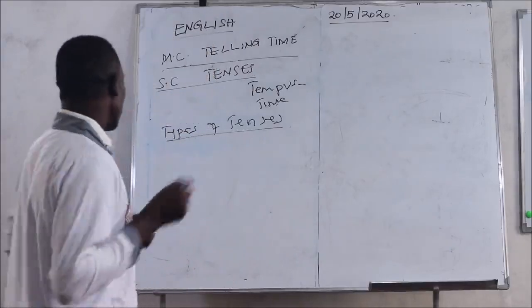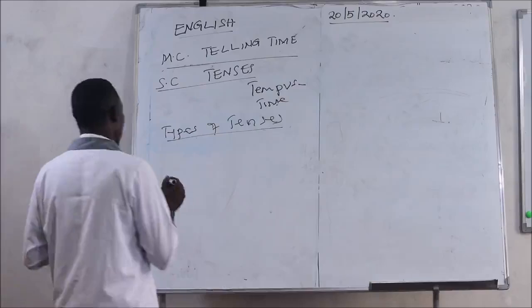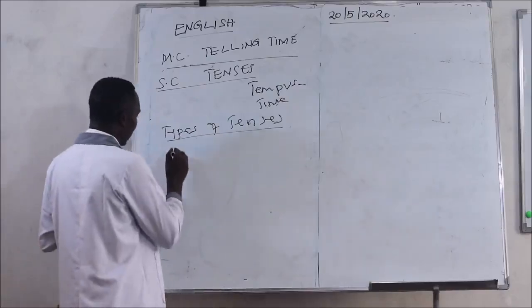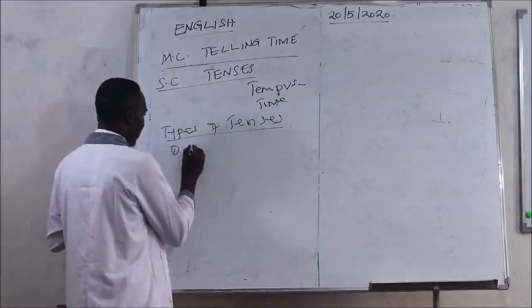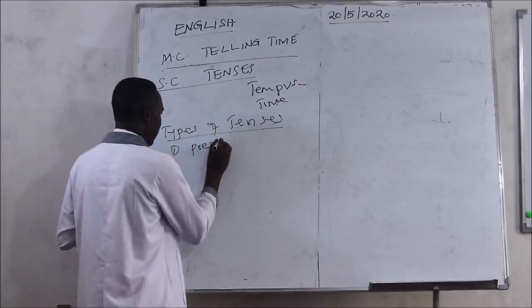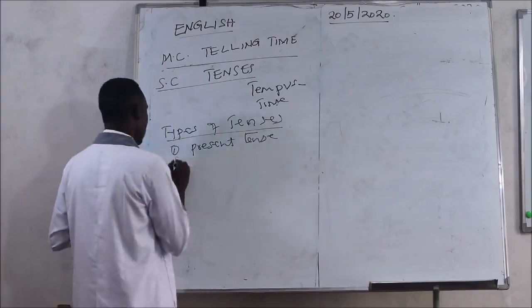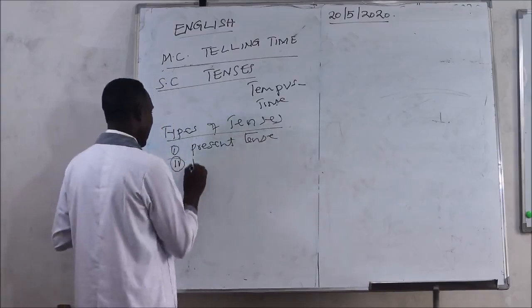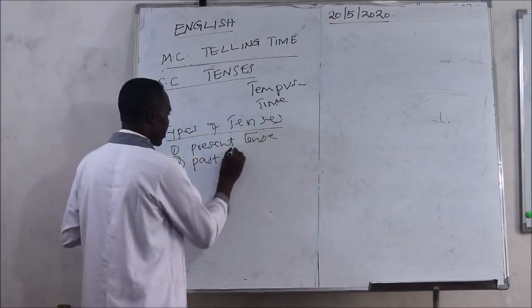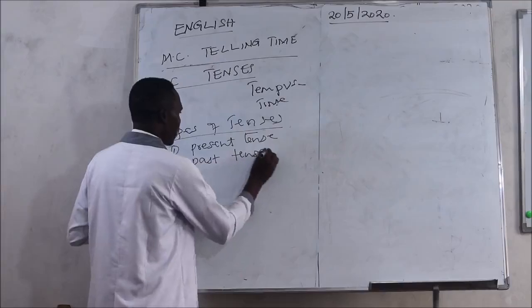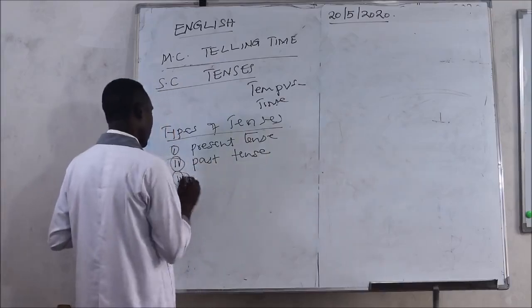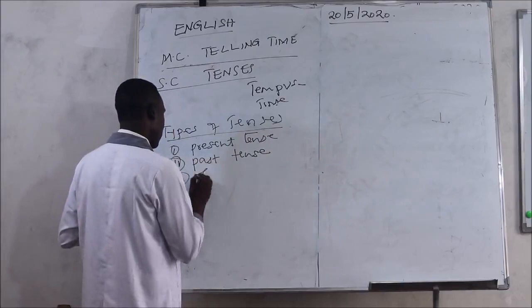Of tenses. So we have three types. Number one is called present tense. Number two, we have past tense. Number three, we have future tense.